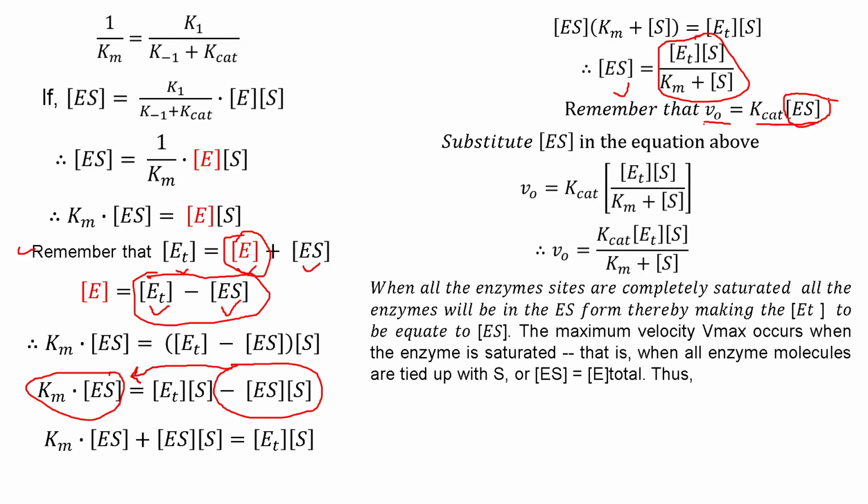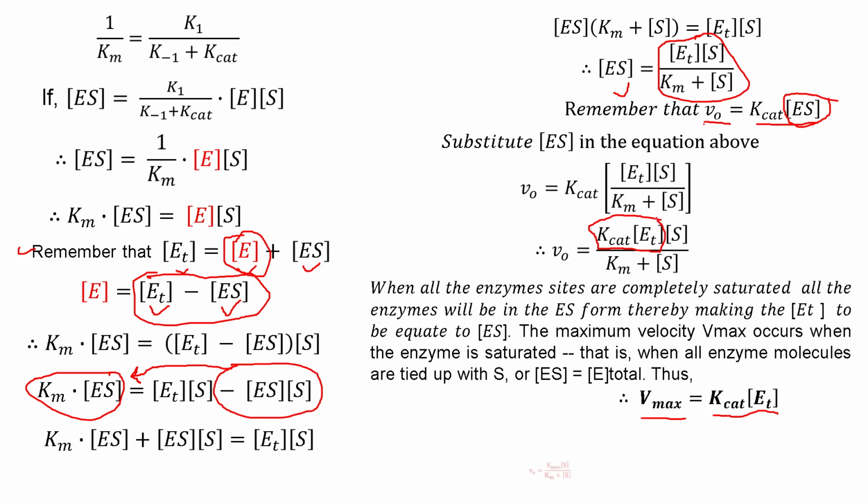That is when all enzyme molecules are tied up with S, or that ES is equal to the total enzyme. Thus, Vmax, which is the maximum velocity, will be equal to K cat multiplied by ET. So we are just going to replace this in the above equation. We are going to replace this with Vmax.